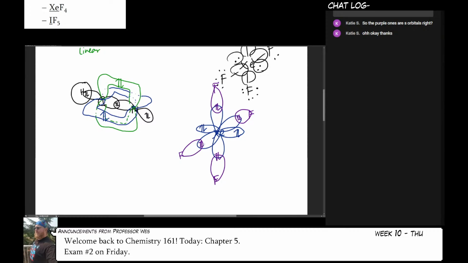And that's what that would look like. On each of the fluorines, there would be 3 other sp3 orbitals, like this, and they'd all have unpaired electrons in them. I'm just not going to draw that for all those because who cares?